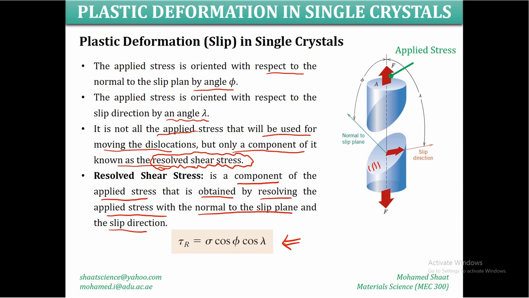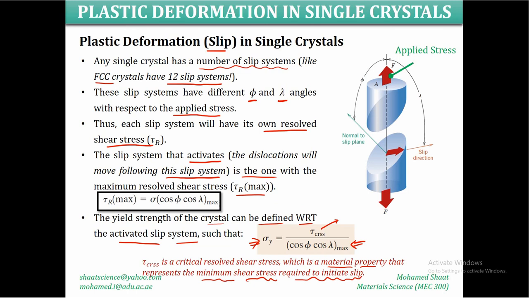This part is known as the resolved shear stress. Also, we know how to determine the yield strength if we have an idea about the resolved shear stress required to initiate the motion of the dislocation inside the material microstructure in a single crystal. So these things describe plastic deformation in single crystal material. Make sense?